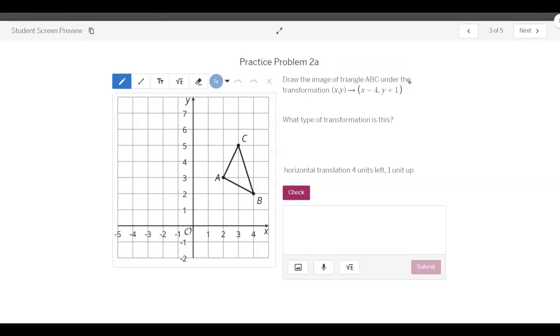So we're going to take our x coordinates and we're going to subtract 4 from each x coordinate. So if A is right here, we're going to go to the left horizontally, 1, 2, 3, 4, and that is where our A prime will land. Just kidding.